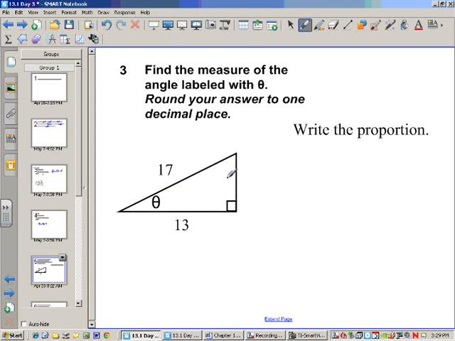All right, so if we're looking at triangles, now in this case, we're trying to find this angle of a right triangle. So this side here would be the adjacent to that angle, and up here would be our hypotenuse. So to write out our proportion, adjacent over hypotenuse is cosine. So I would write the cosine of theta is equal to 13 over 17.